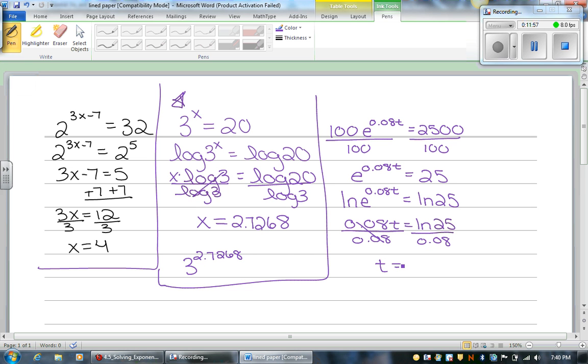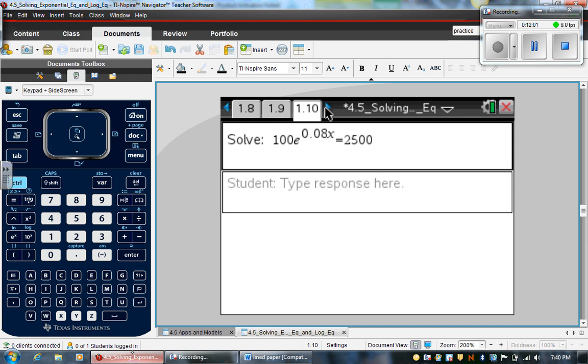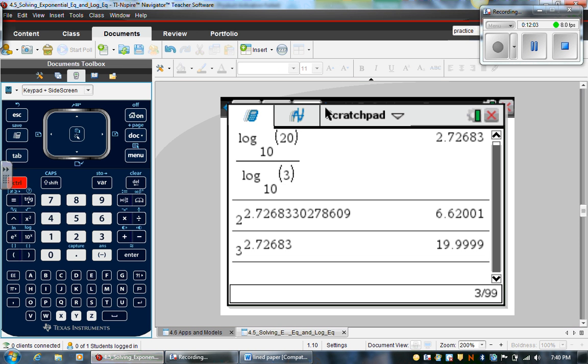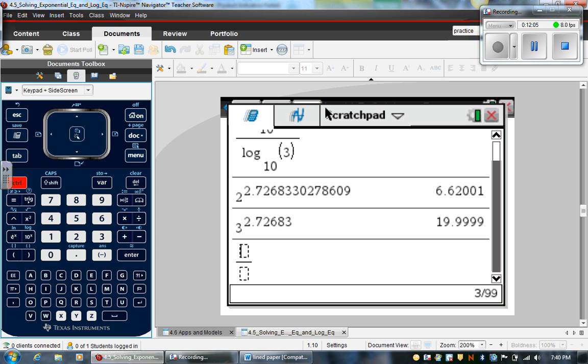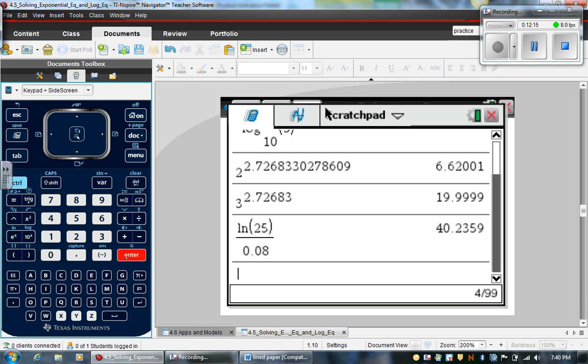Okay, and when I put natural log of 25 into my calculator, we get approximately 40.2.